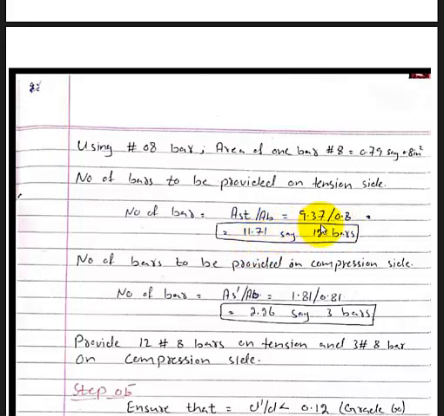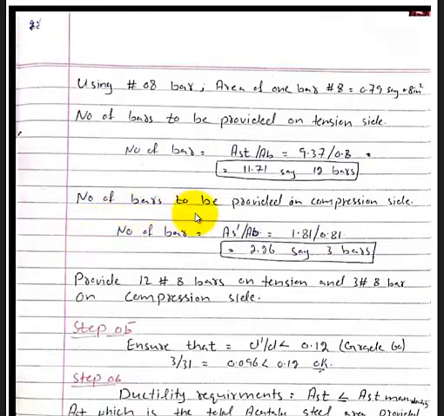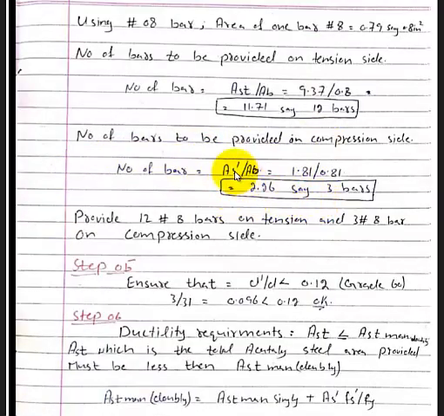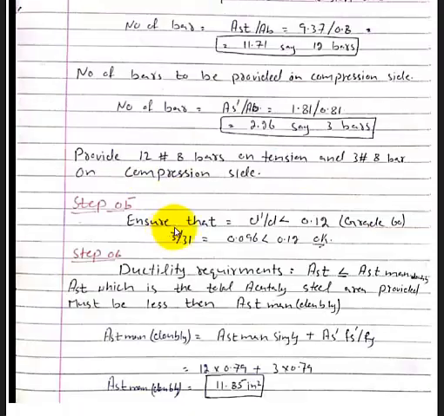Dividing, we get 11.71 bars, say 12 bars. Clear? Now the number of bars to be provided on the compression side is As prime divided by the area of one bar, that is 0.26, say 3 bars. So provide 12 number 8 bars on the tension side and 3 number 8 bars on the compression side.